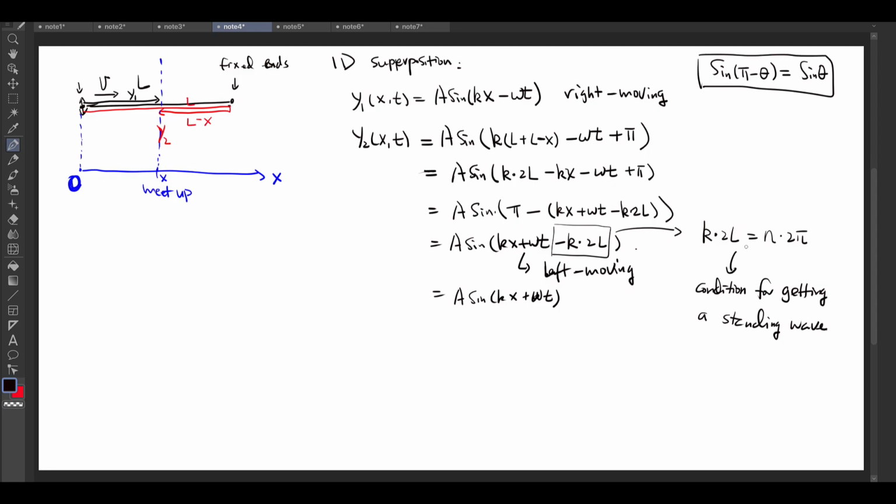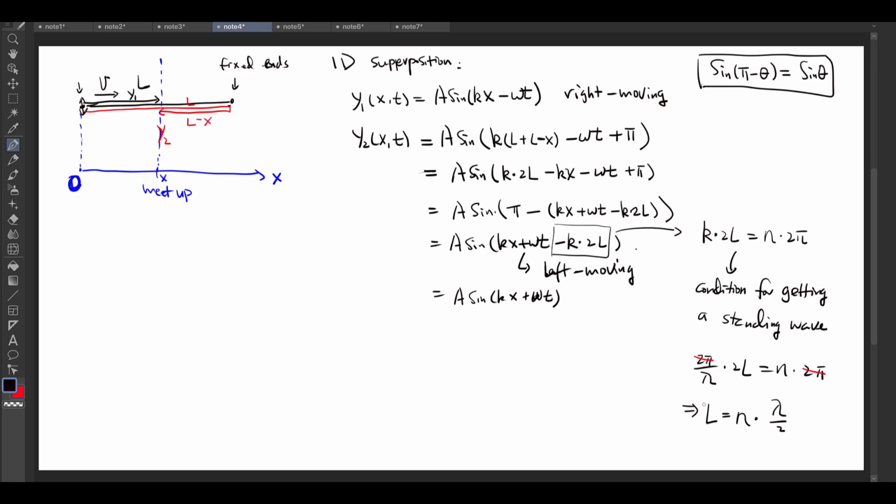So that's why I want to set up the equation that looks like this. Okay. Now with that, we can see k, remember, is 2 pi over lambda times 2l equals n times 2 pi. So we can have some cancellation here of 2 pi, 2 pi. So the length of the string equals n times lambda over 2.